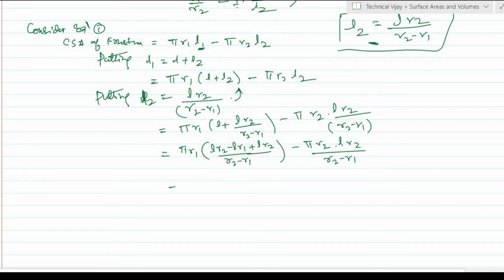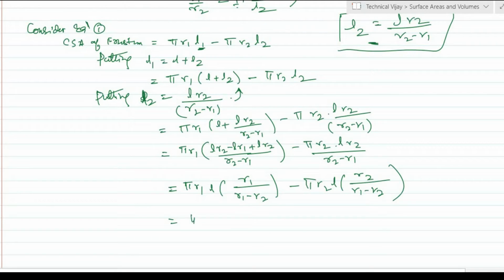After solving this, pi R1 into L into R1 divided by R1 minus R2, minus pi R2 L into R2 divided by R1 minus R2. So like this it will come: pi into L, R1 square over (R1 minus R2), minus pi into L, R2 square over (R1 minus R2).